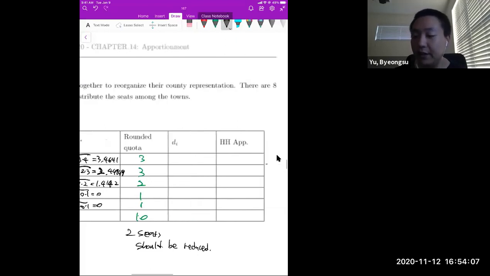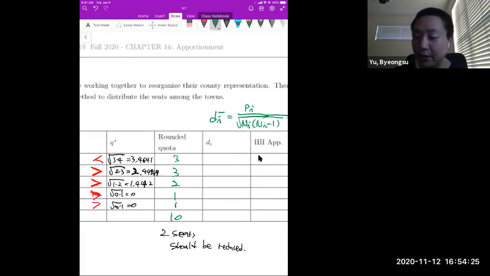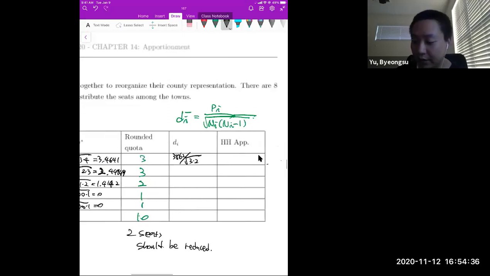Thus, in this case, we need to calculate d minus, which is population over the square root of n_i times n_i minus 1, instead of n_i plus 1. For the first one, it is 3,862 over the square root of 3 times 2, which is almost 1567.65.